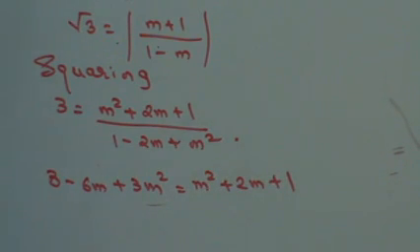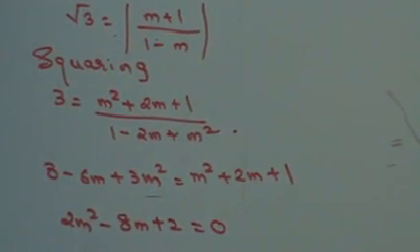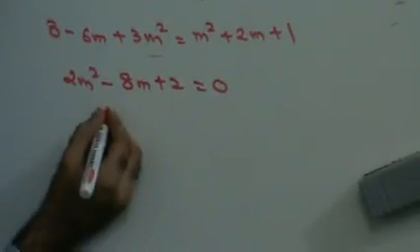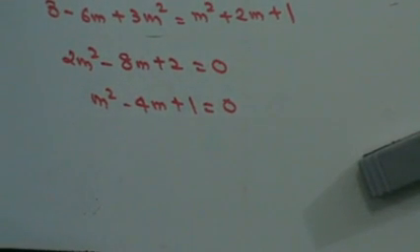Take everything on one side. So in that case I will get 2m square minus 8m plus 2 is 0. Divide by 2. m square minus 4m plus 1 is 0.